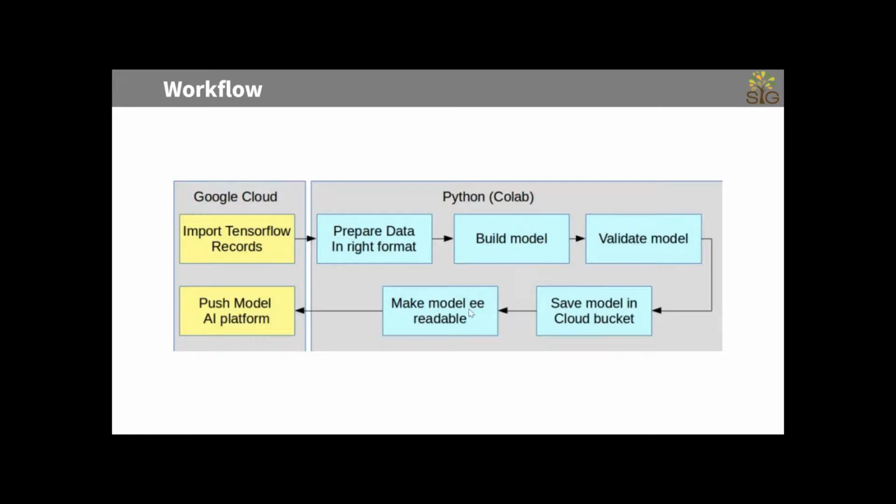You make the model Earth Engine readable so that we can open that model in Google Earth Engine, and then you push that model there. So I guess the point here is that because you make the model Earth Engine readable and push that to the AI platform, there's the option to reuse that model, right? You can share that model with people and apply it to other regions or other situations. So it's really advantageous to use this.